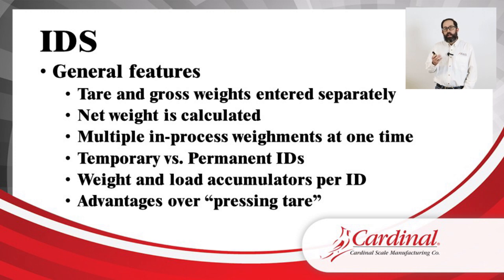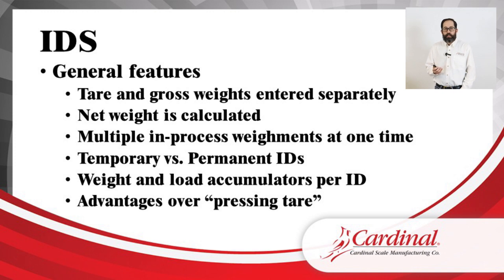Taking a look at general features of ID storage, I've already mentioned 1 or 2 of them. So without ID storage, in order to get a net weight of product in a container, the user has to put the container on the scale, press the tare button, and then add material to that container. And then we can have a gross weight, a tare weight, and a calculated net weight. With ID storage, this can be done in 2 separate steps.